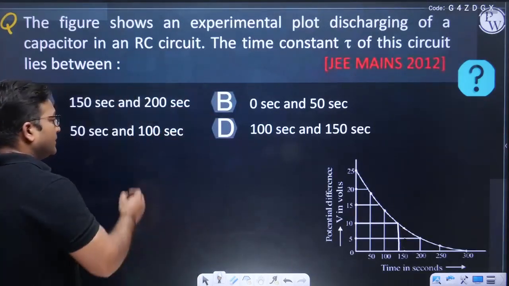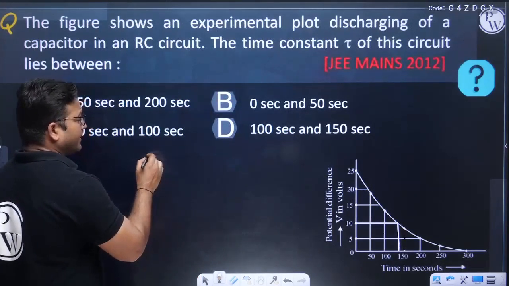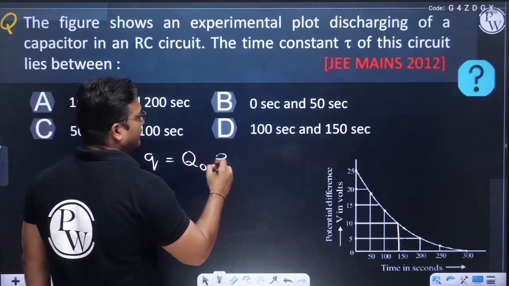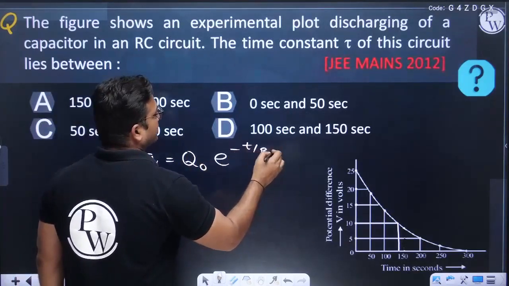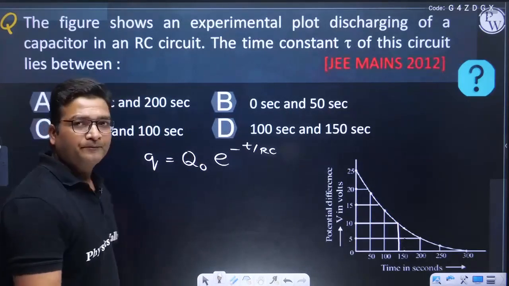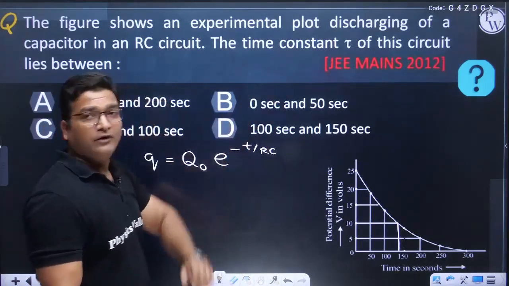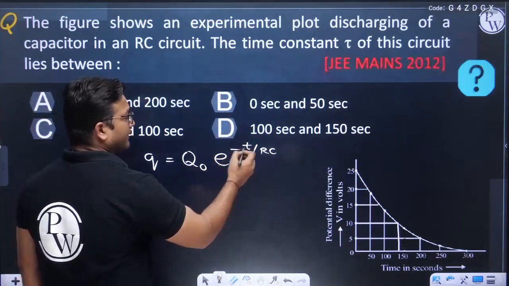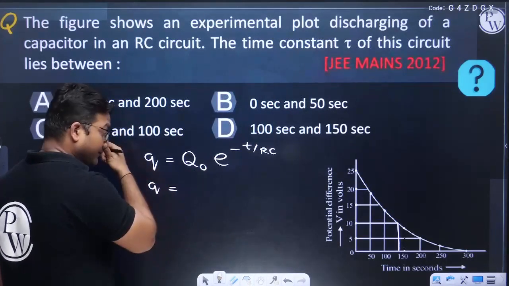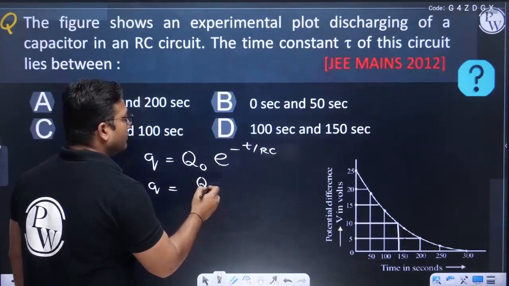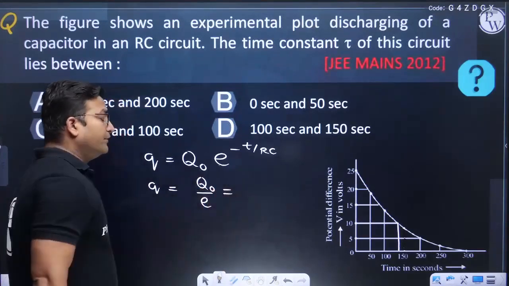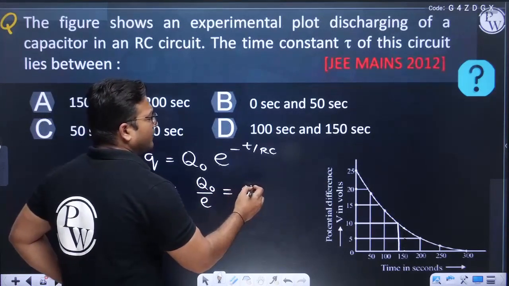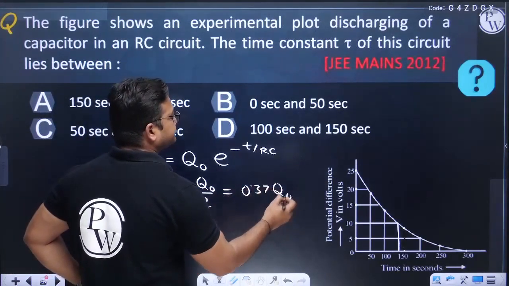As you know, the function of a discharging circuit is like this: Q equals initial charge and e to the power minus t by RC. So if I replace t by time constant, RC, we will get e to the power minus 1. So Q after one time constant would be Q naught by e, and as I told you, 1 upon e equals almost 0.37. So 0.37 times Q naught.